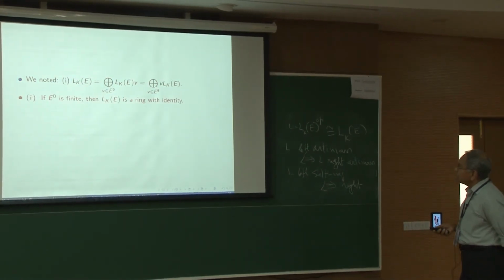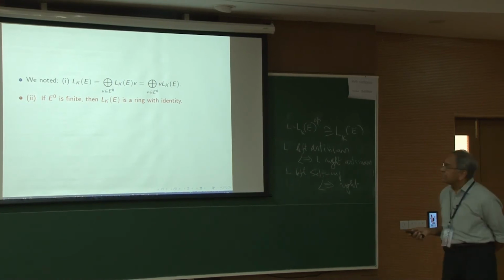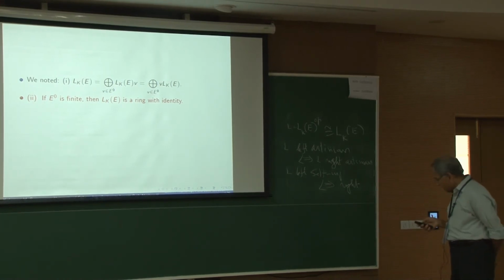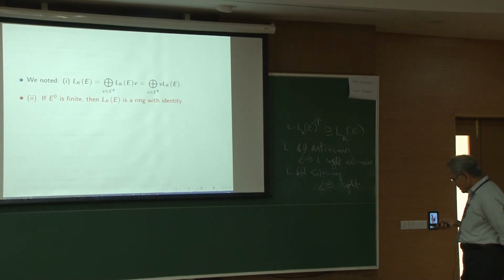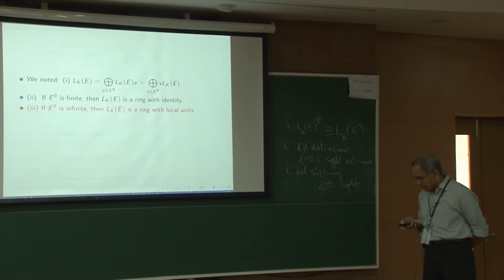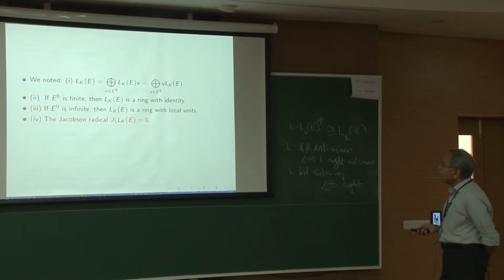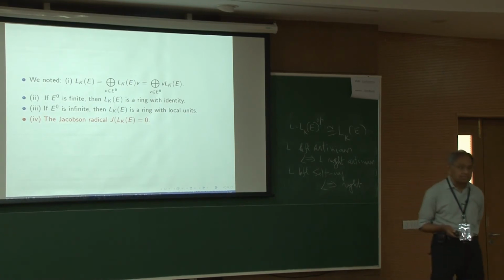And we noted that if there are only a finite number of vertices, then the algebra is a ring with identity, and if there are infinitely many of them, then it is a ring with local units. Okay? And finally, the Jacobson radical of the algebra is 0.